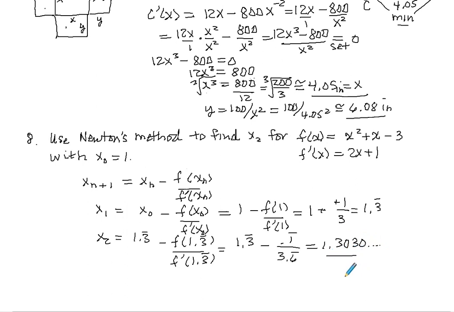We could keep on doing that process, and remember, this is the idea of iteration. If we keep repeating those same steps, take this answer and plug it in here, here, and here, do the function evaluation, the derivative evaluation, and then subtract it from that answer, this number should get closer and closer to the place where this function crosses 0.